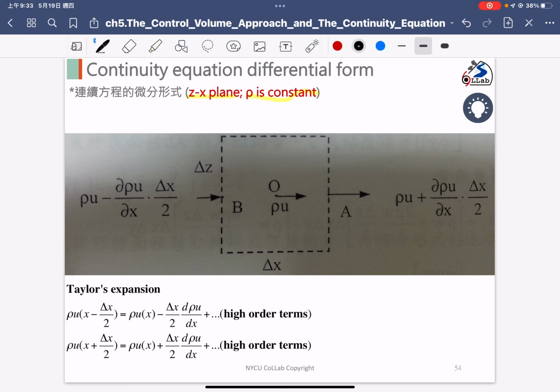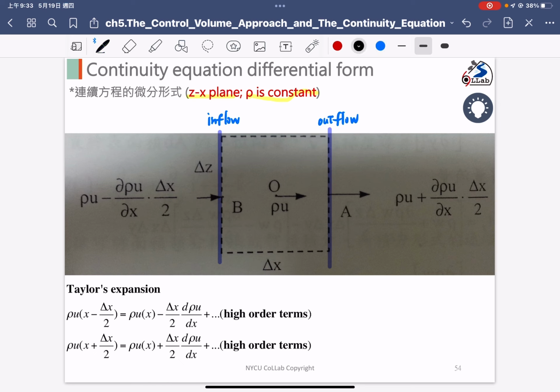So what is the problem we have here? This is our inflow, and there is our outflow. The dashed line here is our control surface.